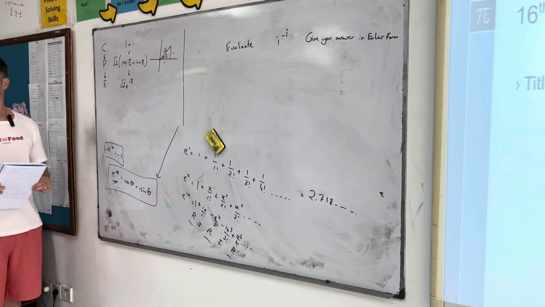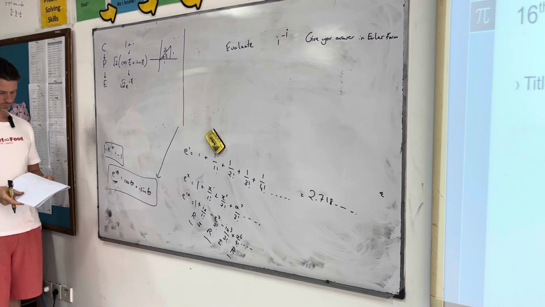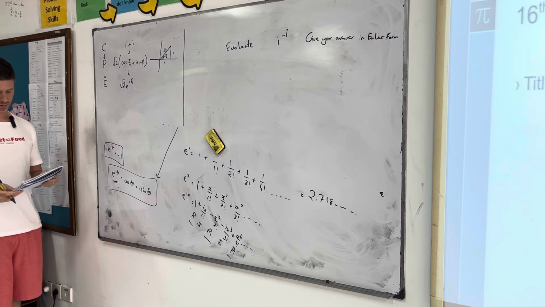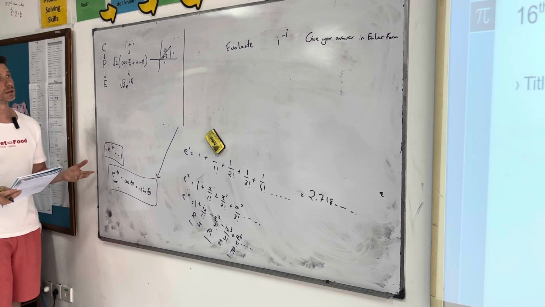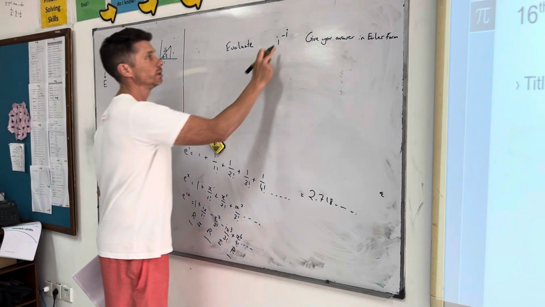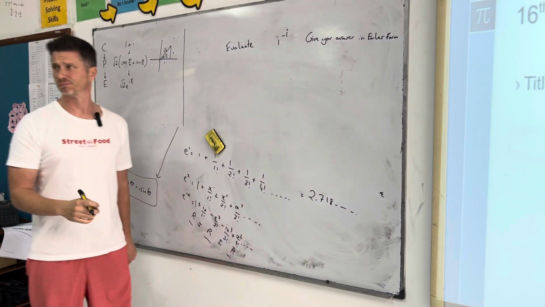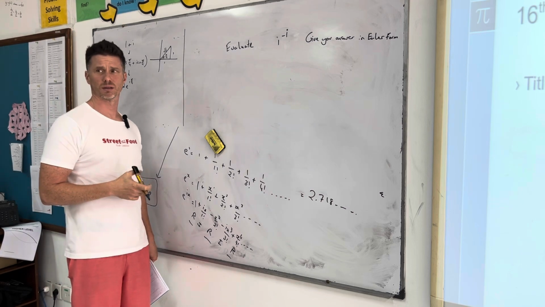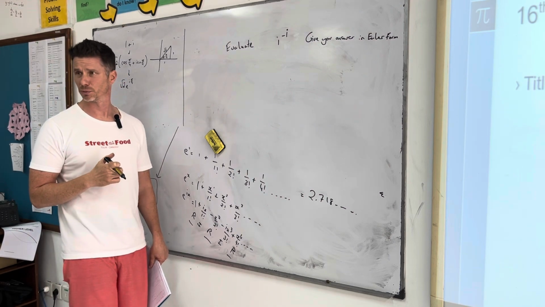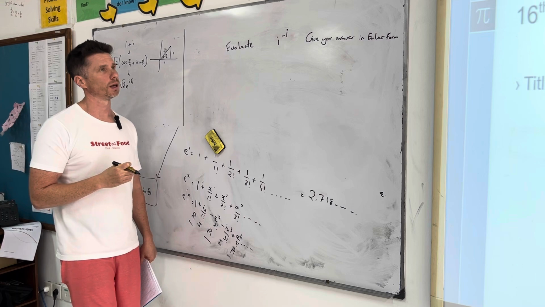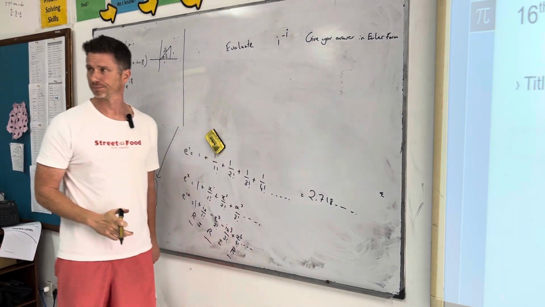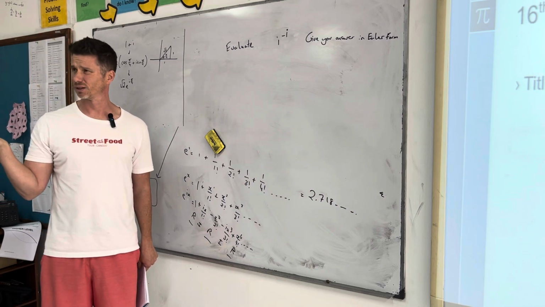Any ideas here? We can apply this power somehow. Where have we seen applying powers recently? Maybe De Moivre's theorem last night when you were doing it. Okay, let's write this in polar form, and then apply the power that way. Is that a decent idea?